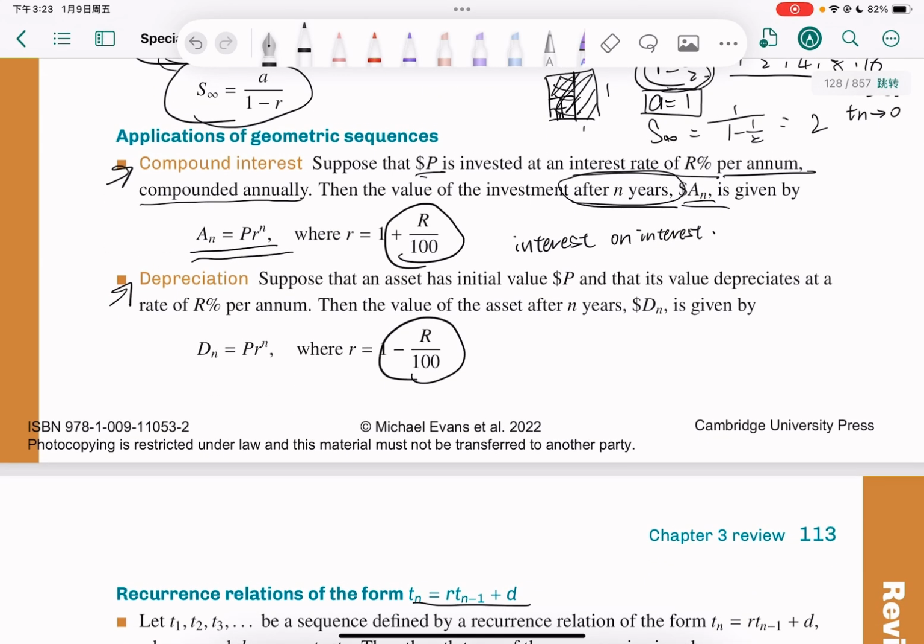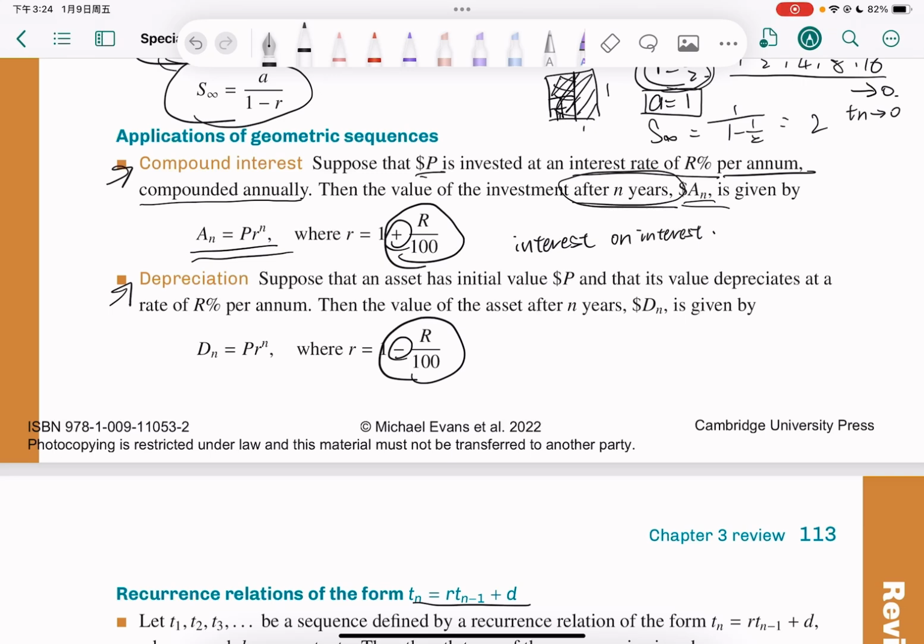And about depreciation, instead of the plus sign, we have the minus sign here, which means an asset loses a fixed percentage of its value each period. So each year it loses 5%, and the next year it loses another 5% of the remaining value. That's depreciation.